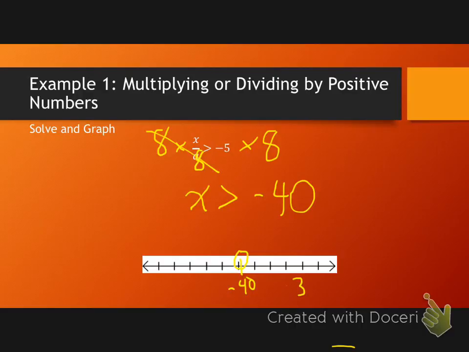We'll just put negative 36 right here. Negative 1, 2, 3, 4, negative 44 right there. Just kind of give you a hint of which way everything's going. And we're looking at it going, okay, x is greater than negative 40. So everything on this side of the line is going to be greater than negative 40.